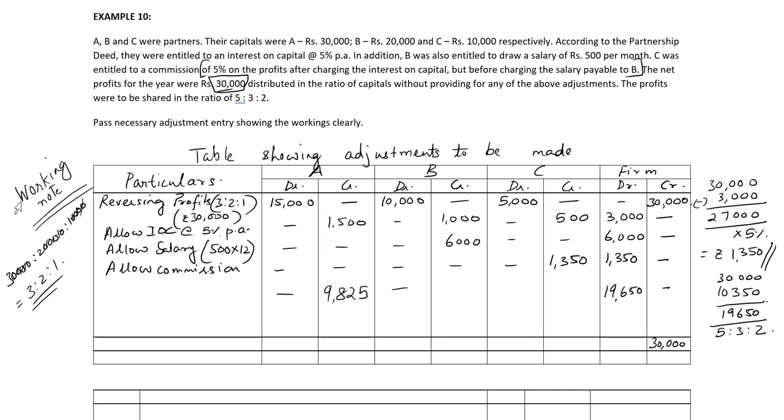Next, the amount for B is 1965 into 3, which is equal to 5,895. And the amount for C is 1965 into 2, which is 3,930.